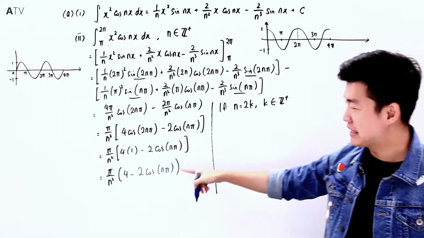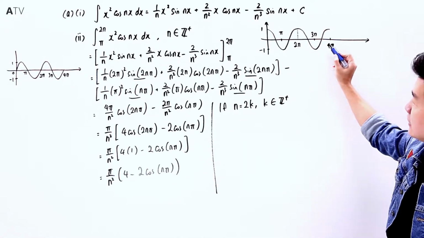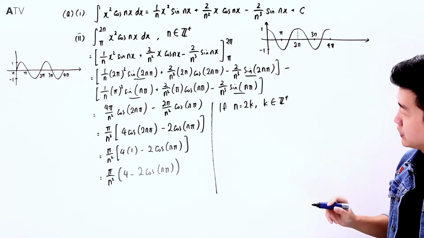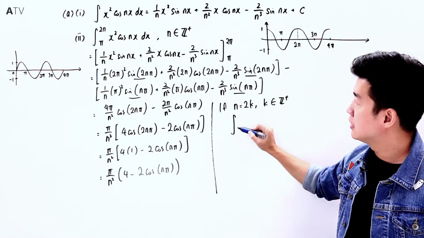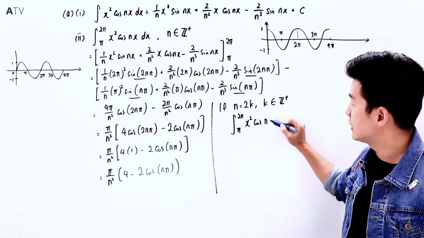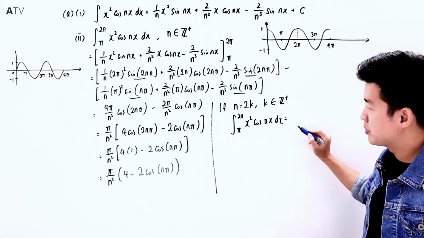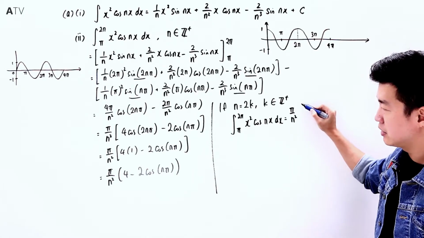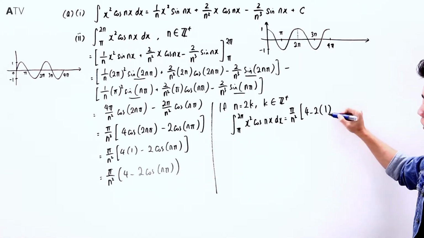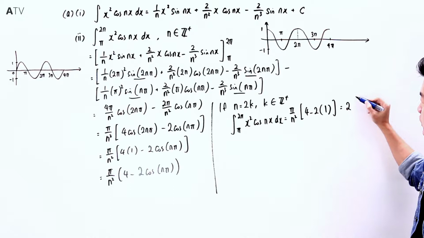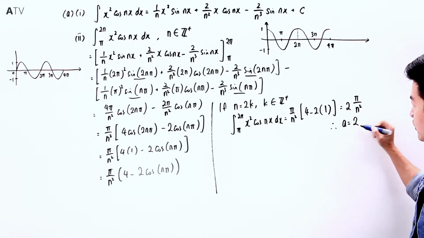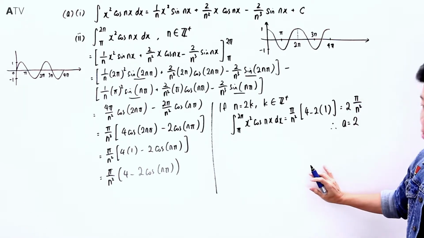So if n happens to be even, this portion here is going to consistently give us a positive 1, which means that the integral from π to 2π of x² cos(nx) will be π/n² of 4 minus 2, which gives 1. So this is going to be 2π/n², which means that a, according to the question, is 2.